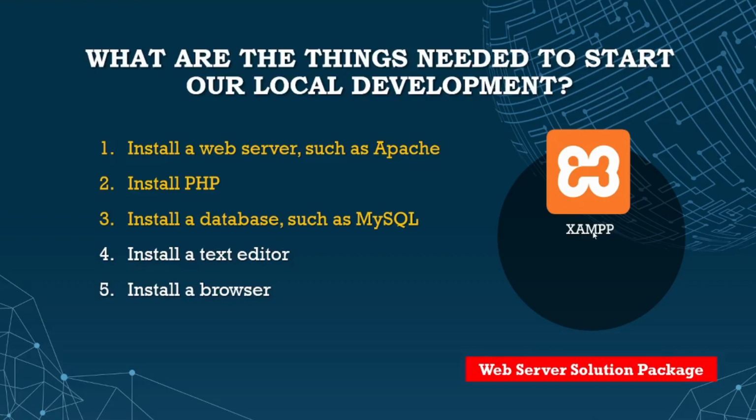A for Apache, M for MySQL, P is for PHP, and another P is yung Perl. Okay, so this is one of the web server solution package that we can use once we are trying to develop some web application.